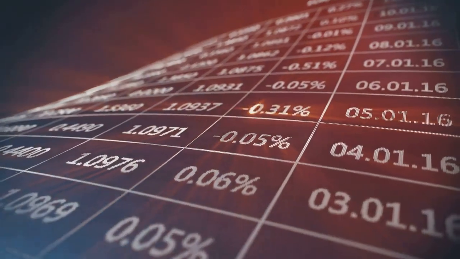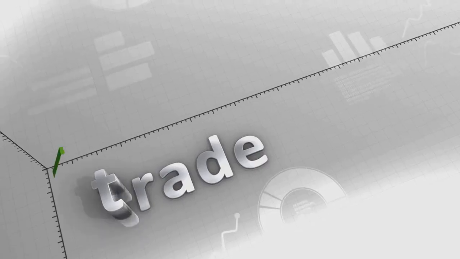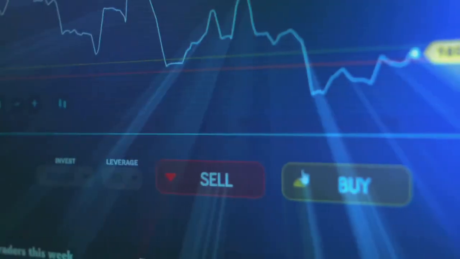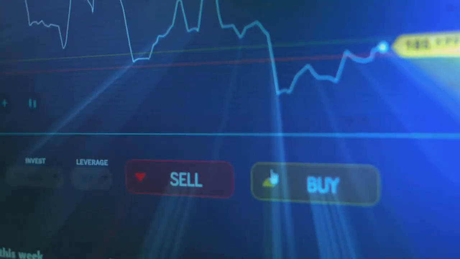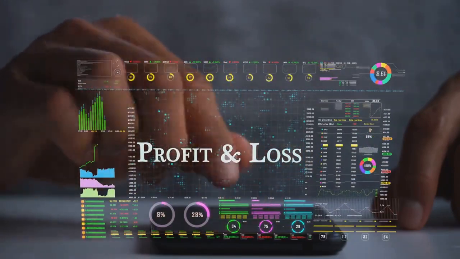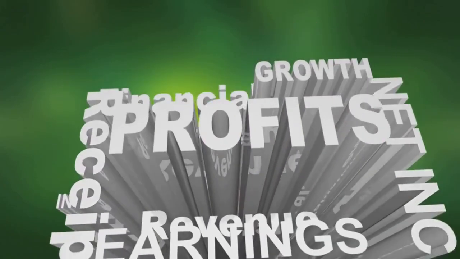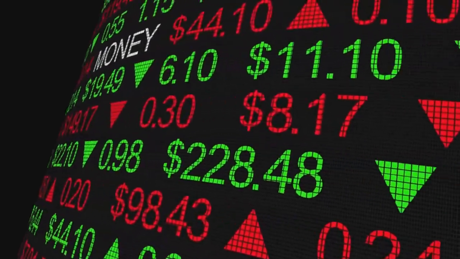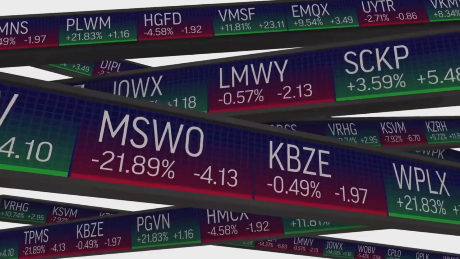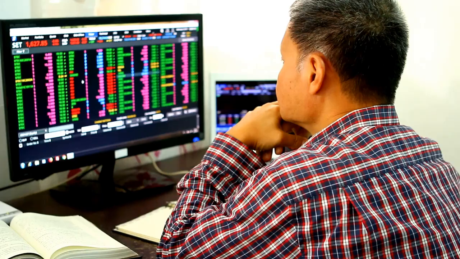Example, you take 10 trades, lose 5, win 5. You risk $10 each trade, target $20. Losses, 5 x $10, $50 loss. Wins, 5 x $20, $100 profit. Net, $50 profit even with a 50% win rate. That's why risk reward is king.